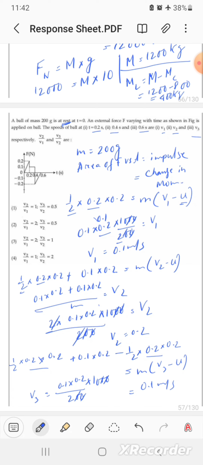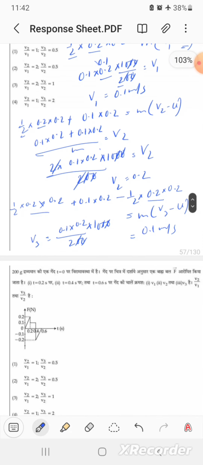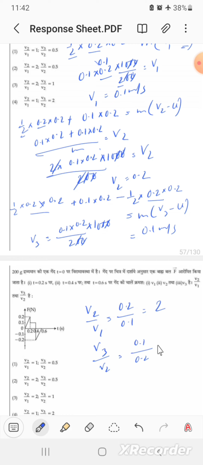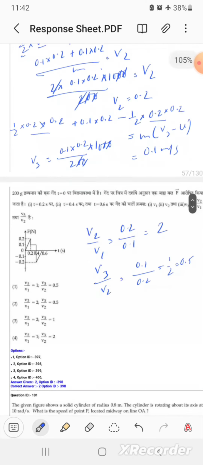Now if we take the ratio of v2 by v1, v2 we are getting 0.2, and v1 we are getting 0.1. So finally it will be 2, and v3 by v2 will be 0.1 by 0.2, which is 1 by 2, that is 0.5. So we can see option 2 is the correct one.